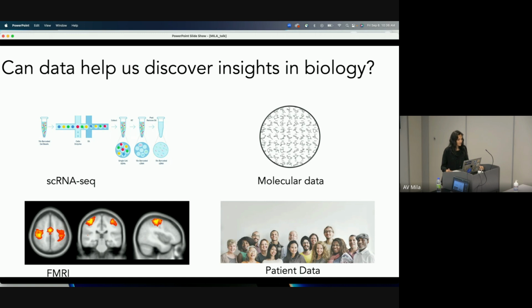Single-cell RNA sequencing basically made biological data big, in the sense that we have a lot of observations, thousands of cells, and we're measuring thousands of features on these. So it suddenly let machine learning people like me enter the field and see if we can actually use machine learning to help discover insights.